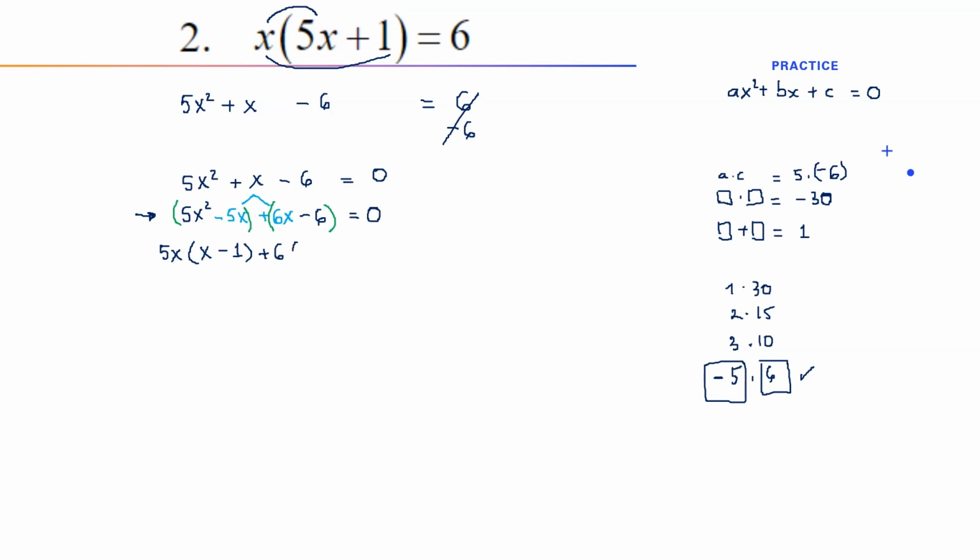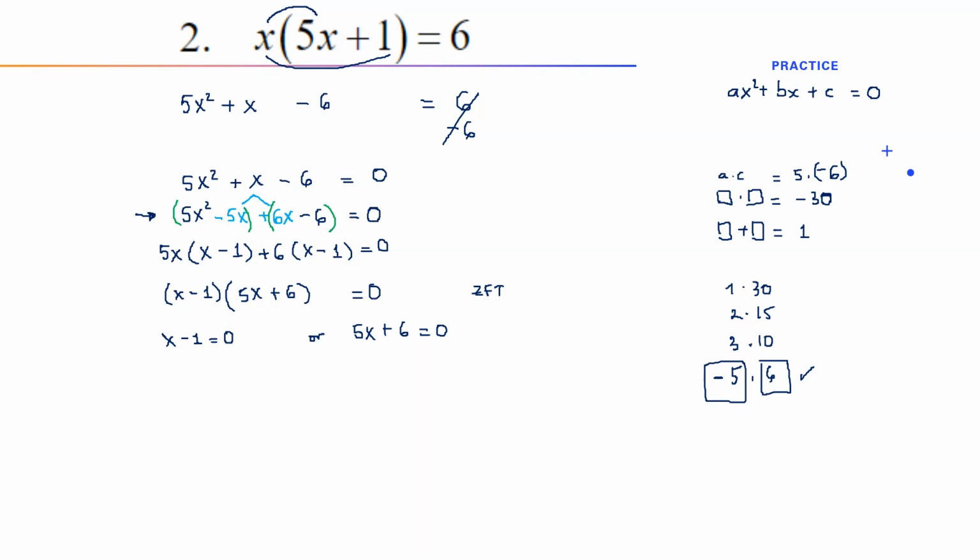So as 6, we're left with x minus 1 equals 0. Now x minus 1 is in common, so we take it out again. One more time, factoring: x minus 1 times 5x plus 6 equals 0. Now we have the form of the zero factor property. So x minus 1 equals 0, or 5x plus 6 equals 0.